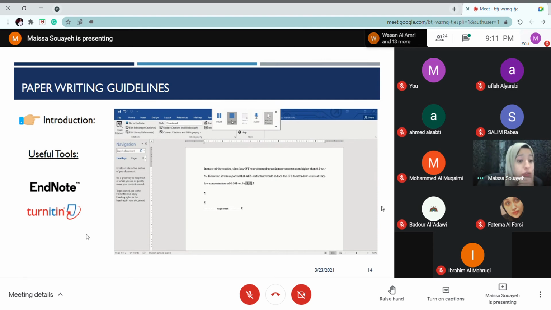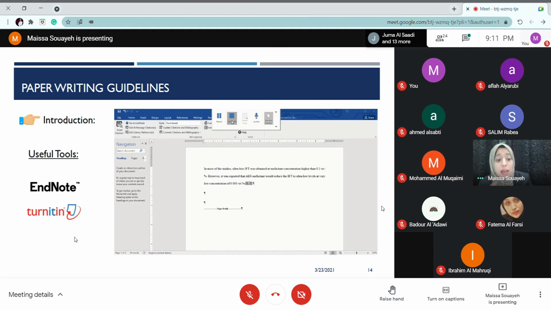Another useful tool is Turnitin. You can upload your manuscript and it can check for copy and paste. It can check what percentage of plagiarism is included in your manuscript, and then it will give you the sentences that match sentences from another published work.